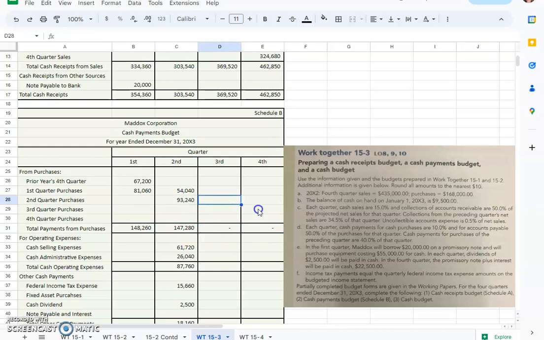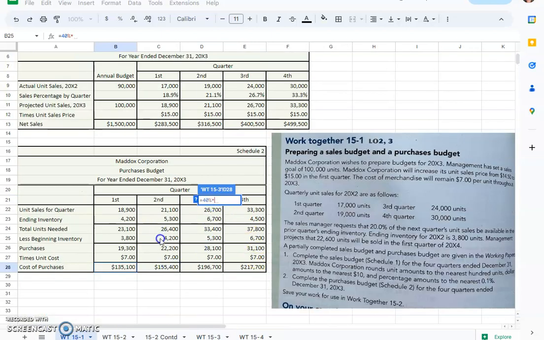Now third quarter, we'll have some second quarter amount, which was 40% preceding quarter, yep, 40% times purchases from second quarter.